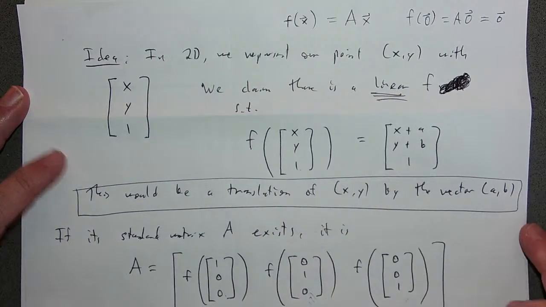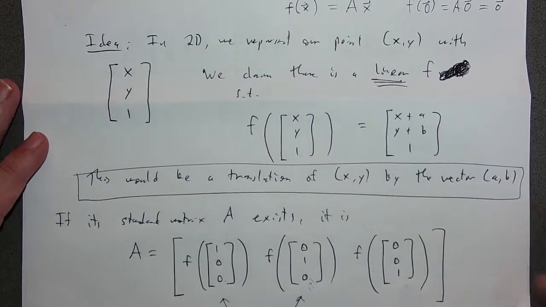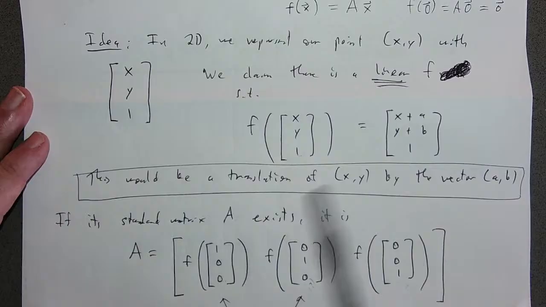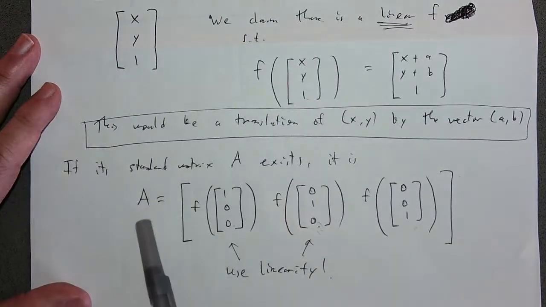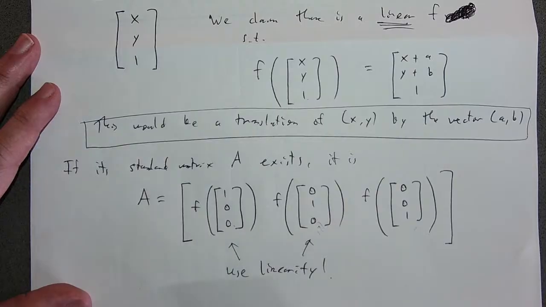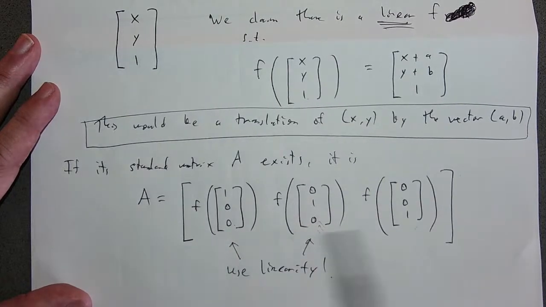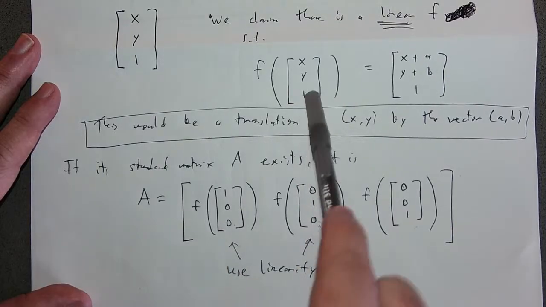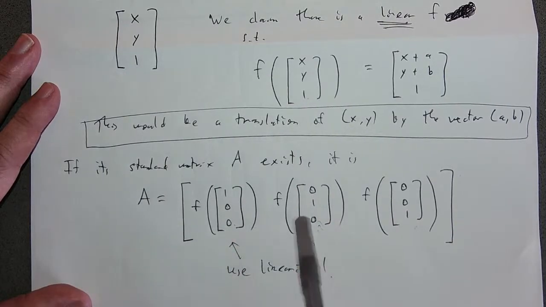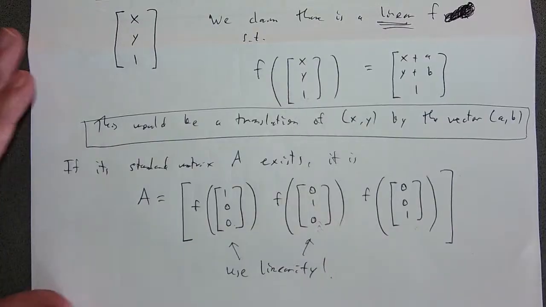We found through this process what form this should take. If this is going to be represented by a matrix, the standard matrix really only has one form: the columns are what f does to the basis vectors. It might not be immediately clear what it does to the basis vectors, so we had to use some trickery.